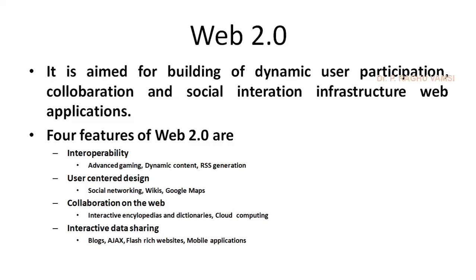You may also contribute to it, like GitHub or similar open platforms, where you can contribute or take from them. Cloud computing is also one way of collaborative computing over the web. Then interactive data sharing. Data sharing is possible via cloud, blogs, Ajax, Flash-rich websites, and mobile applications. These are the various sources with which we can perform interactive data sharing.